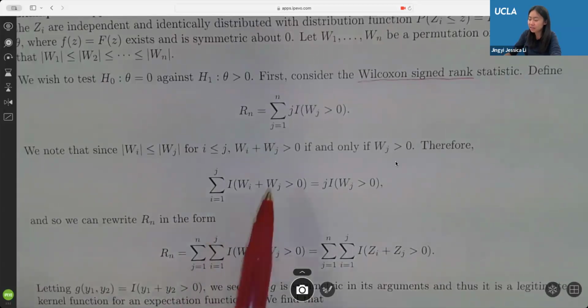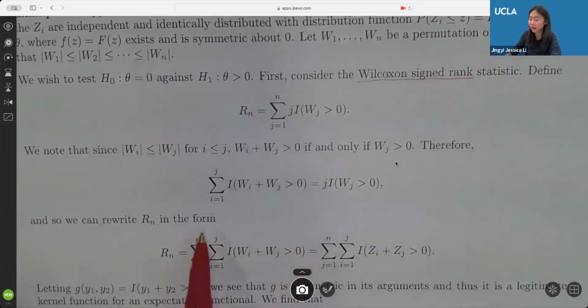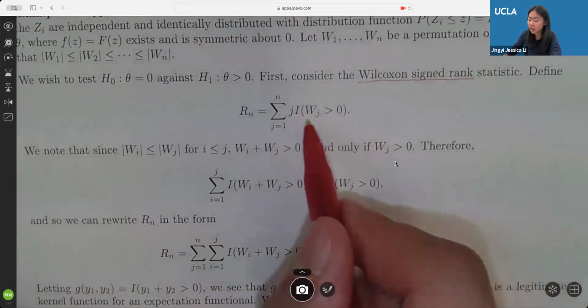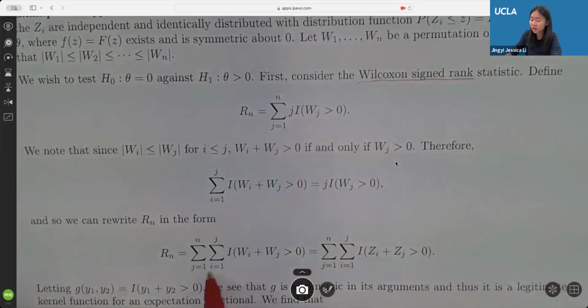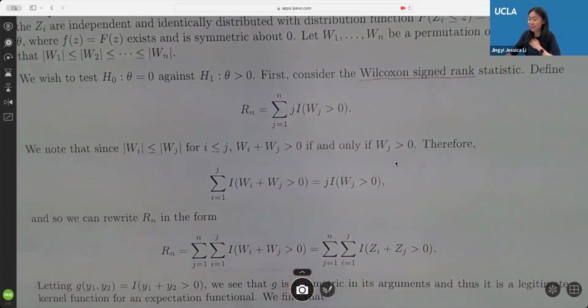At first, inside the original sum, j still goes from 1 to n. But this term, j times indicator Wj being positive, is now replaced by this sum where i goes from 1 to j.